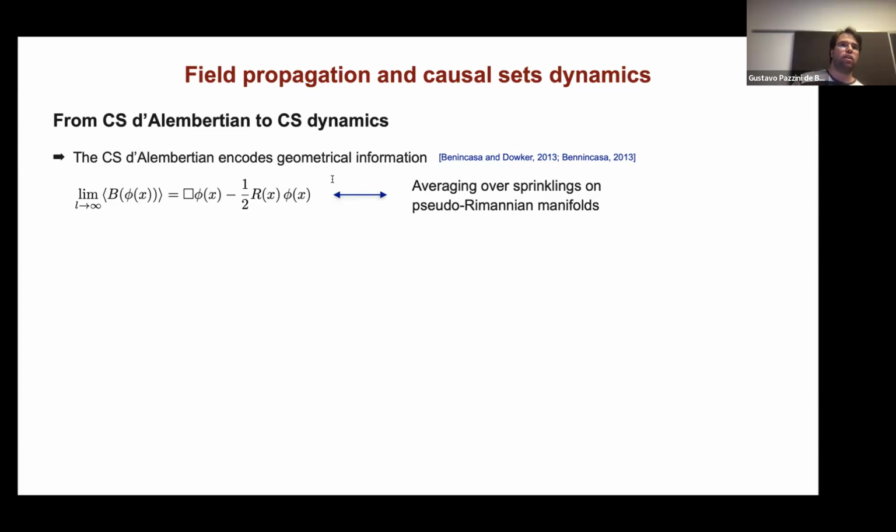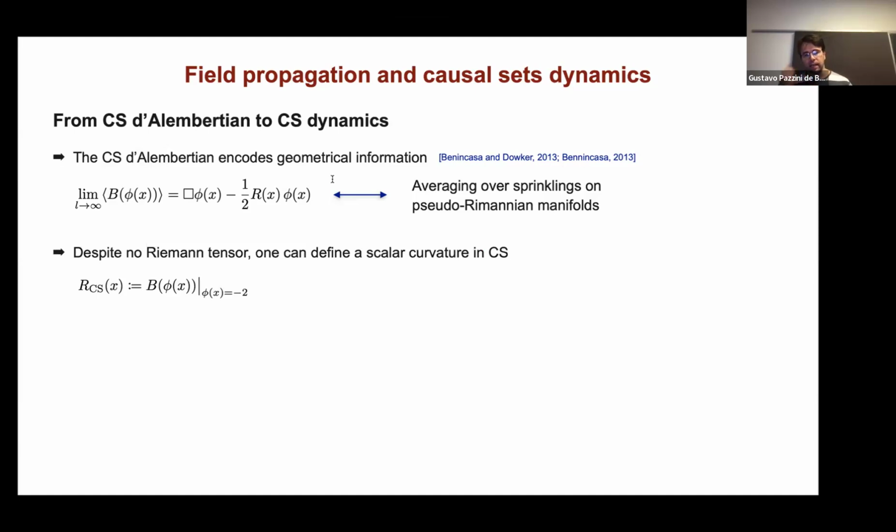This has been verified numerically and also analytically. So this is a way of defining what we call the scalar curvature operator in a causal set.